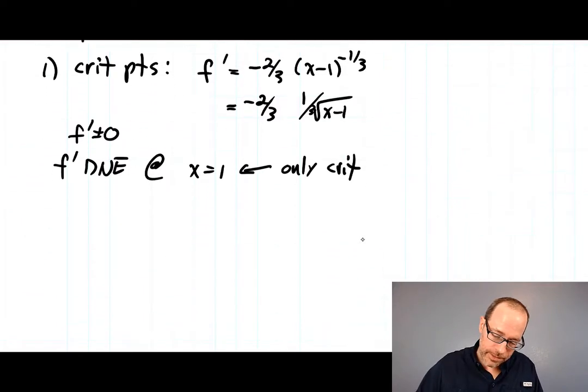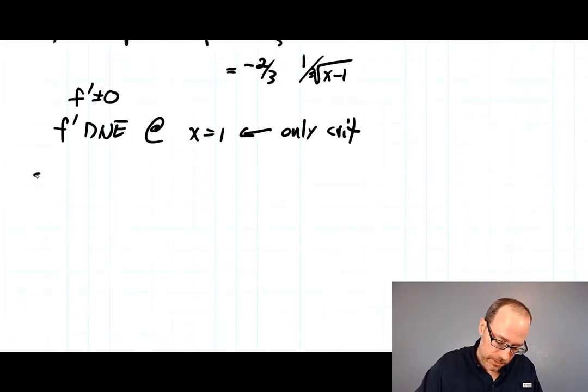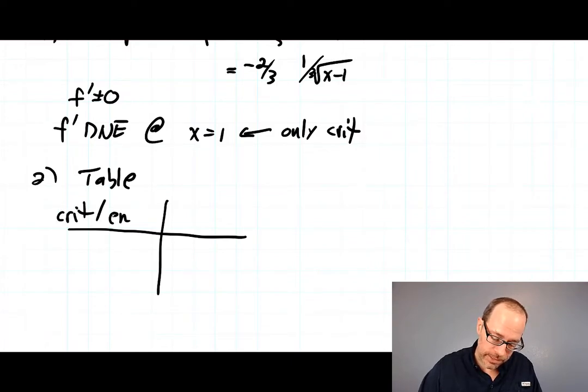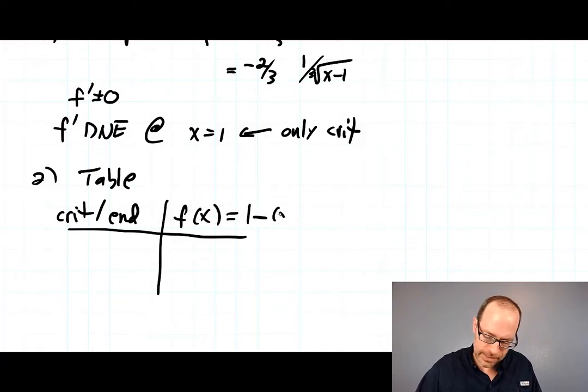All right, step 2 is to make this table. So here we go. We put either the critical points or the endpoints, and you put your function here. And that was 1 minus (x minus 1) to the 2/3.